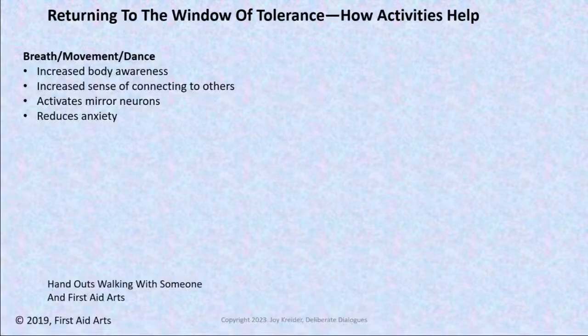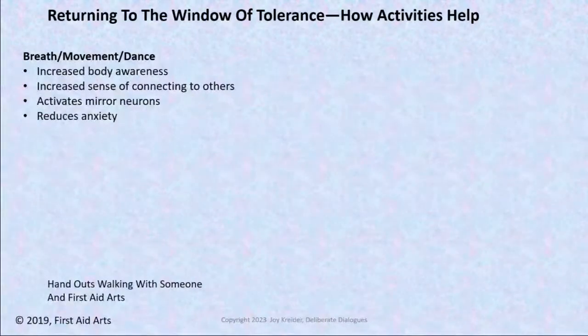Mirror neurons are part of what helps us when we're babies and we are slowly developing and growing with our parents. We learn what a smile means, and we learn what a frown means, and we learn what a sad face means. All of that is part of this full body, head, spirit awareness.